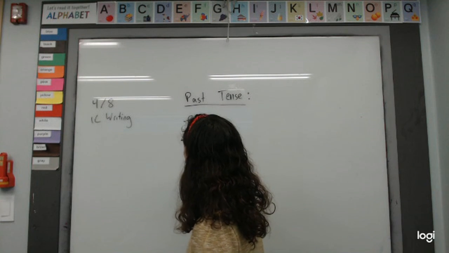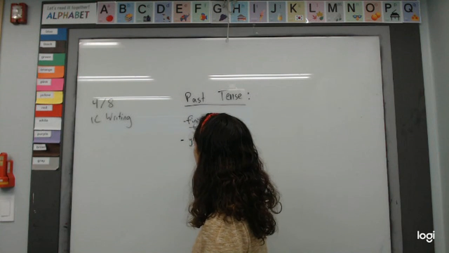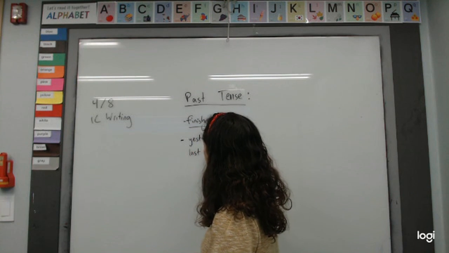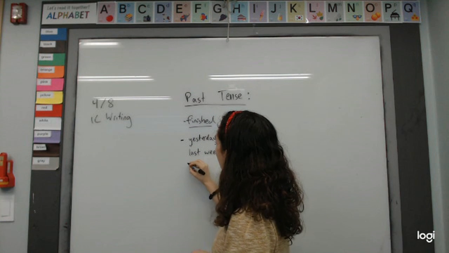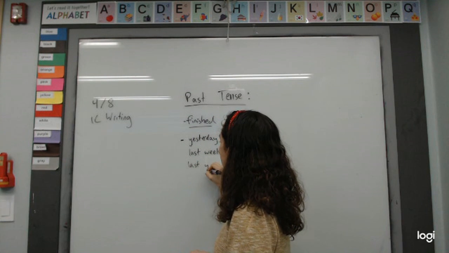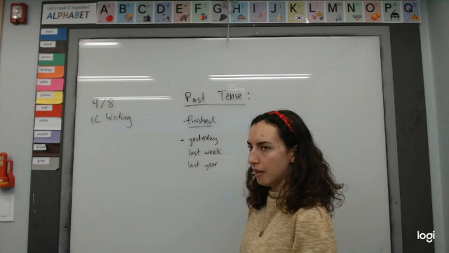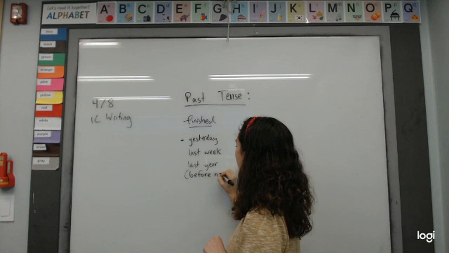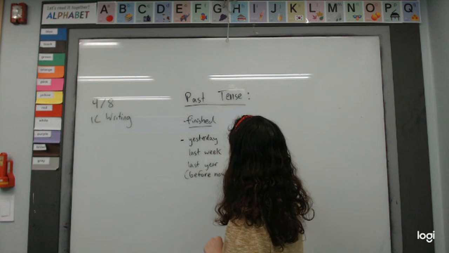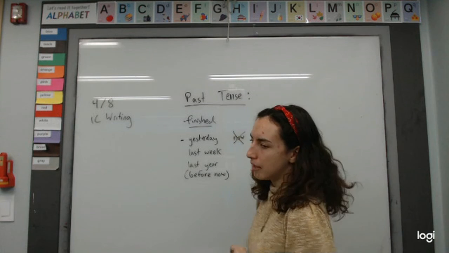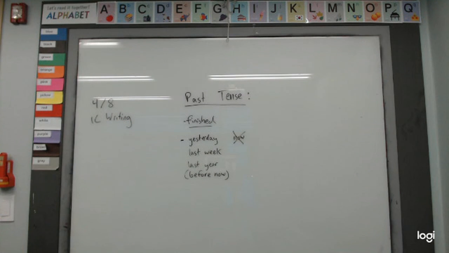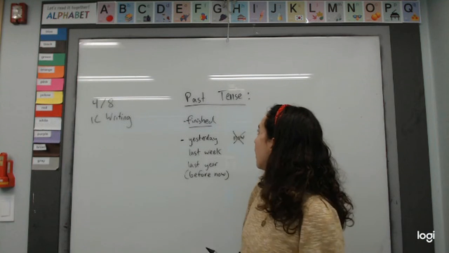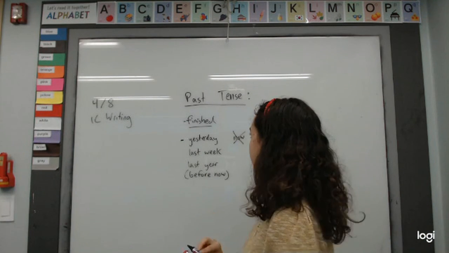We also use it to talk about times like yesterday or last week or last year. We use it to talk about any time before now. And we never use past tense to talk about now, okay? So this is when we use past tense.